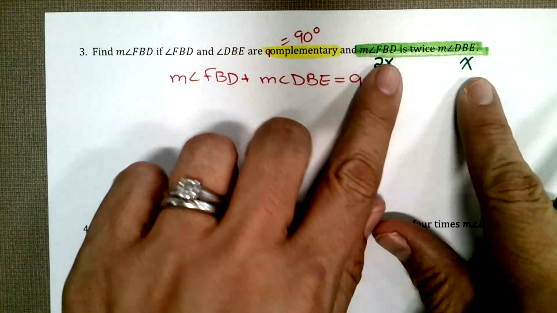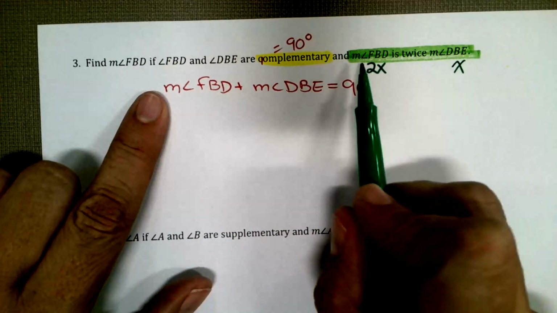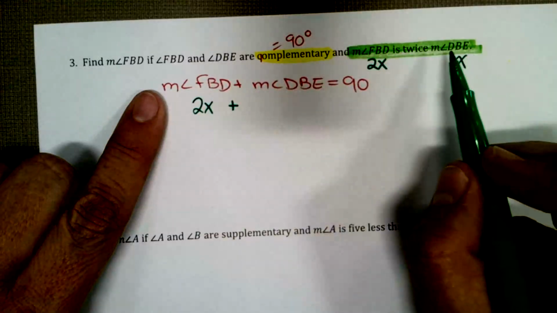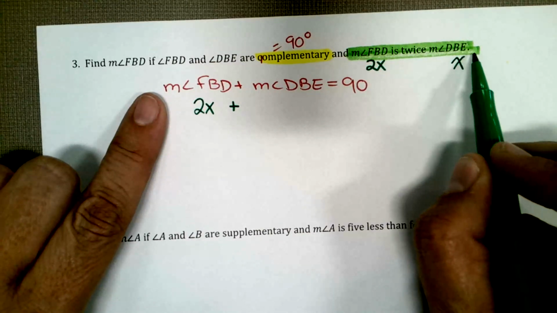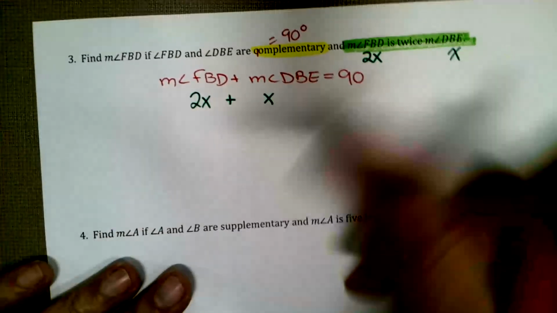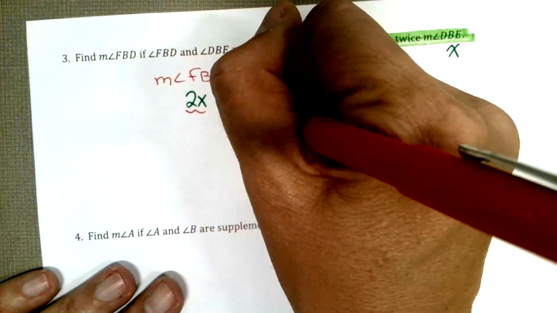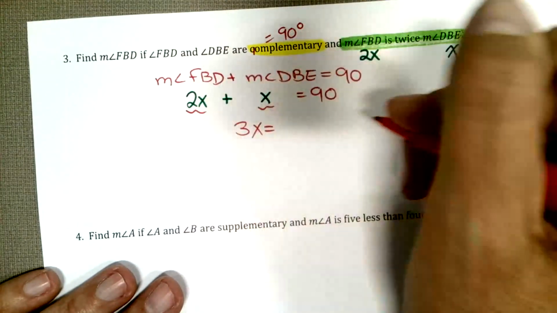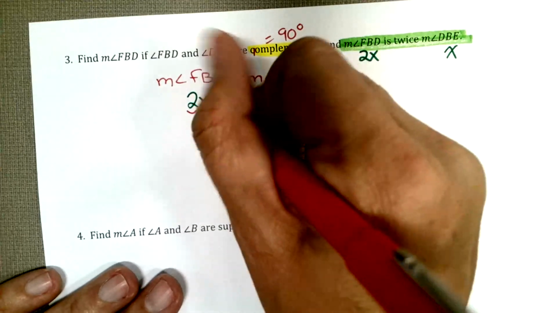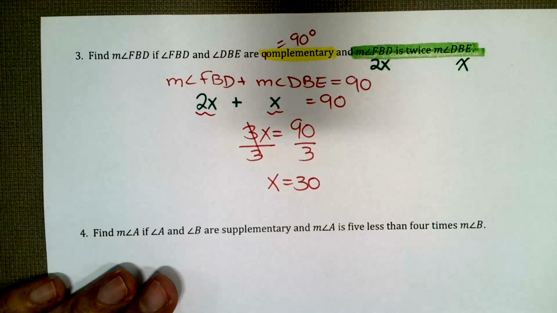And now we're going to use those to plug in to get an equation. So the measure of angle FBD we said is 2x. And the measure of angle DBE is x. And those equal 90. So 3x equals 90. Divide by 3. And x is 30.